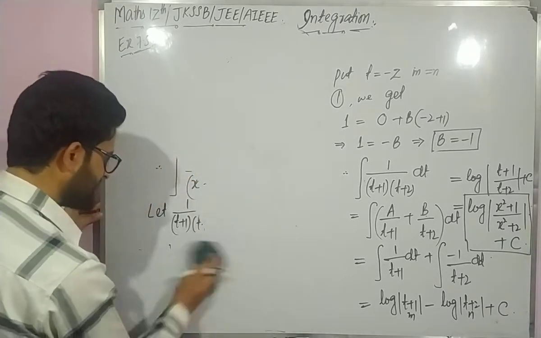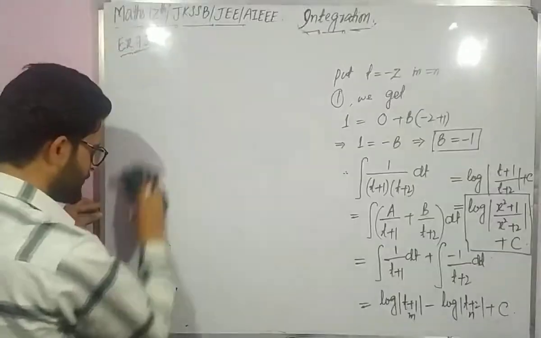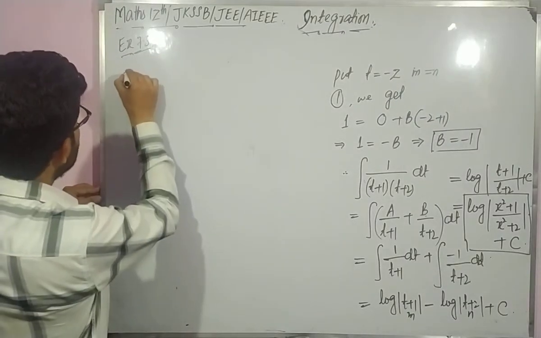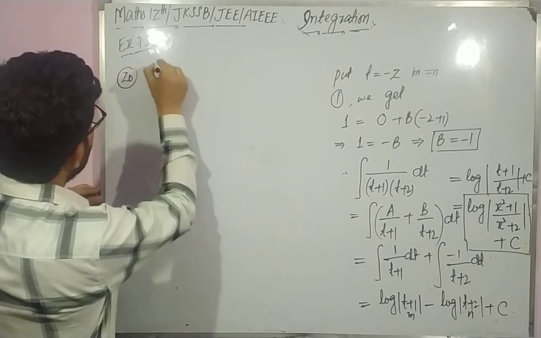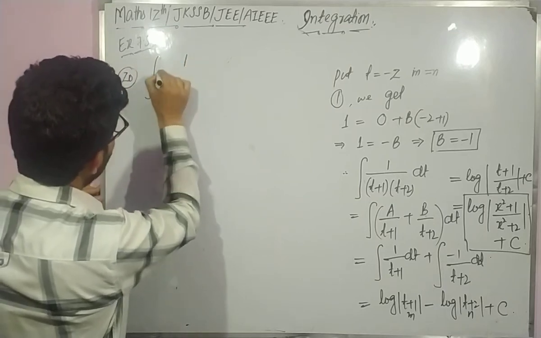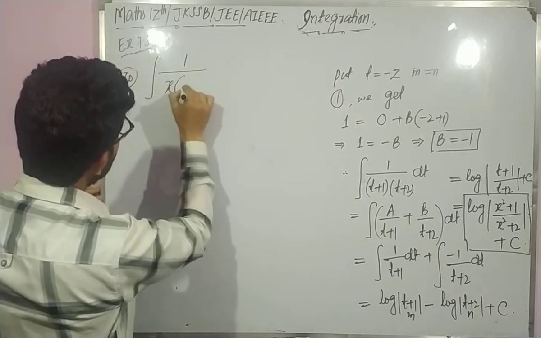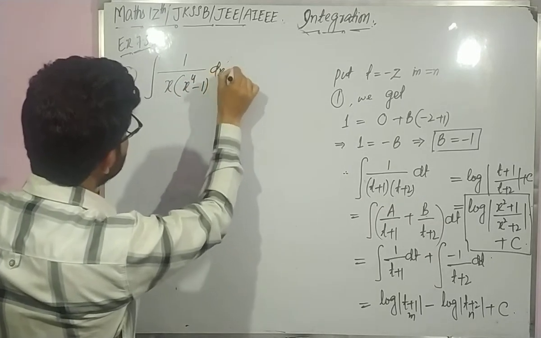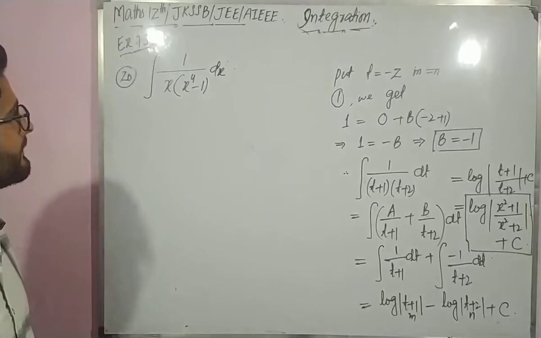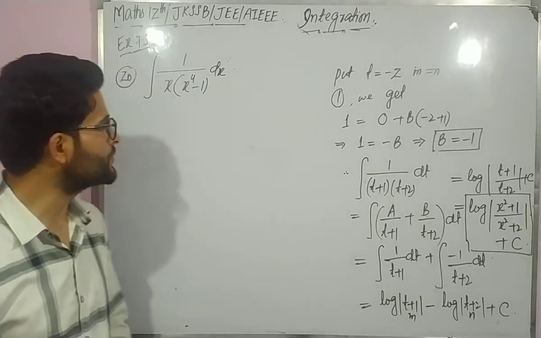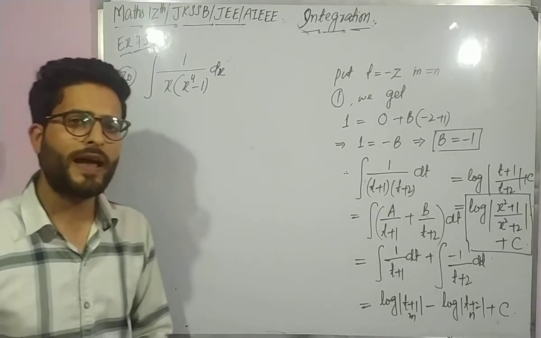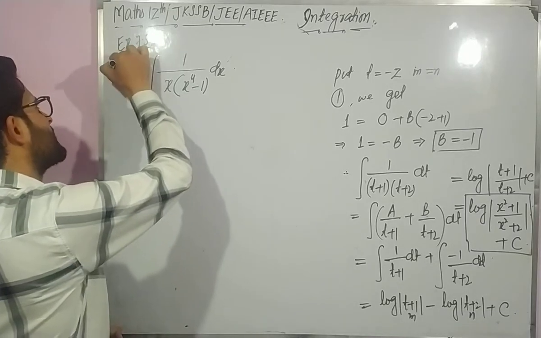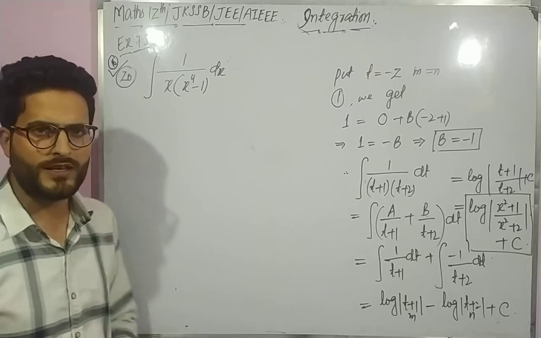Question number 20 of the same exercise is all about integration of 1 divided by x into (x raised to the power 4 minus 1) dx. Obviously this question is just the mirror image of question number 16 that we have already solved.